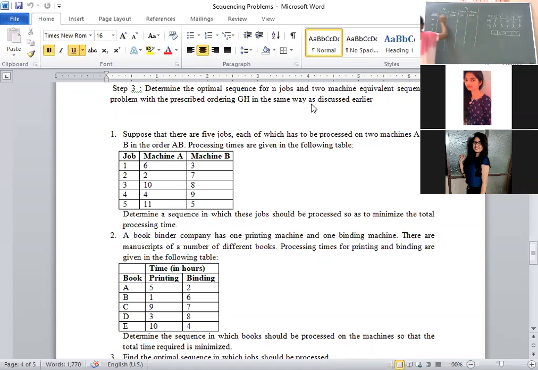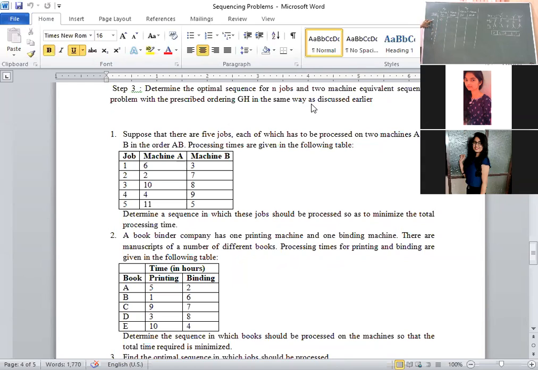Then, right now, according to Johnson's algorithm, whatever the machine, job 2 will be started first. Always the time is considered as 0 hours. This is the procedure. It always starts with whatever is given in terms of hours. That's why job 2 is initially processed at the 0th hour.